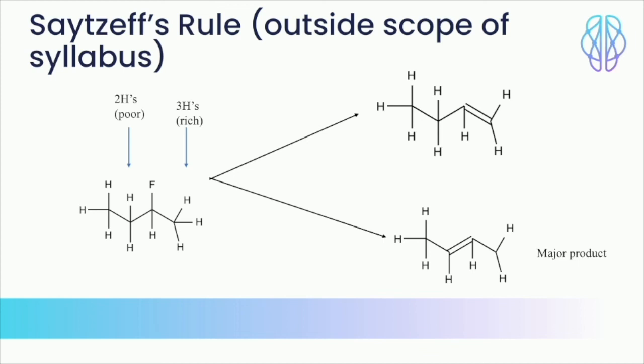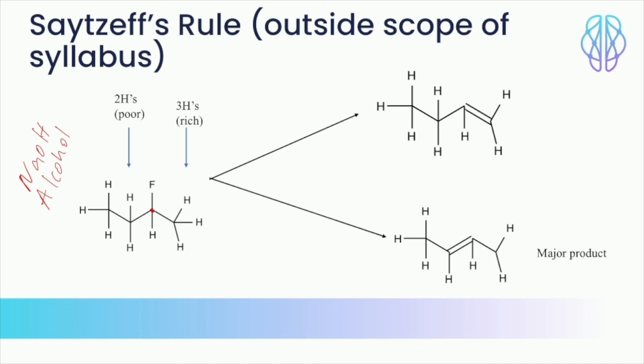Once, this Russian chemist called Zaitsev reacted this molecule here in sodium hydroxide in an alcoholic solution. Now, if we look at this carbon here, this is an example of a secondary haloalkane.